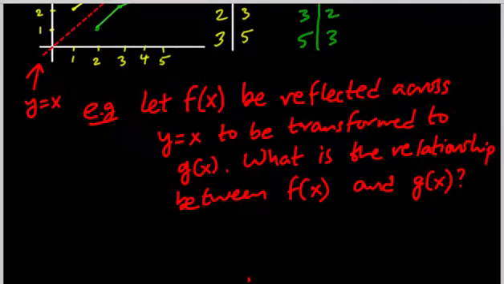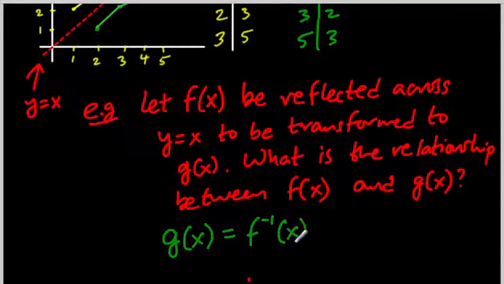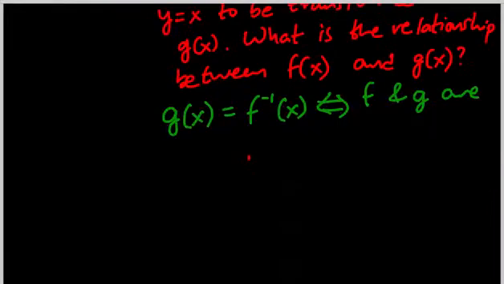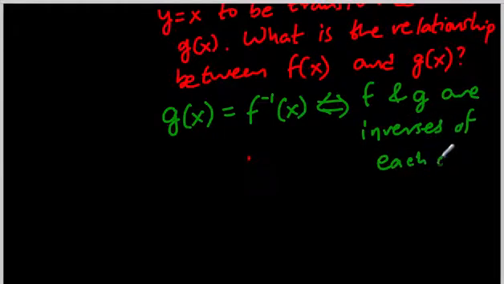So the solution is that g of x is equal to f inverse of x. Or you could say f and g are inverses of each other.